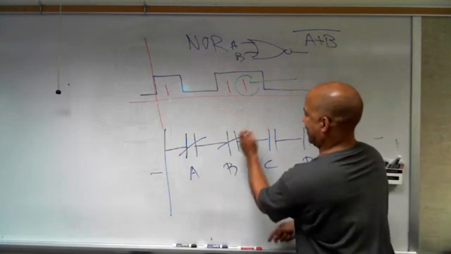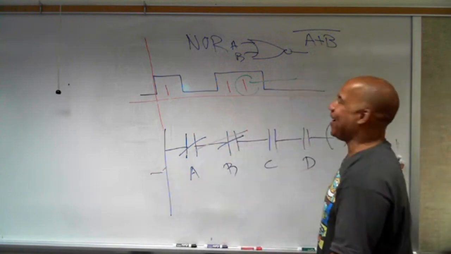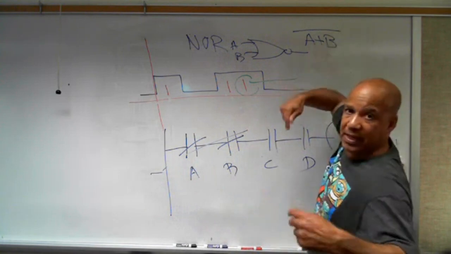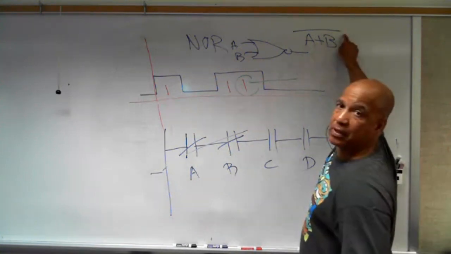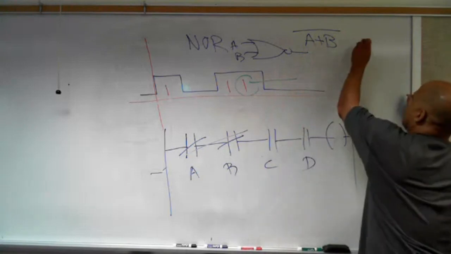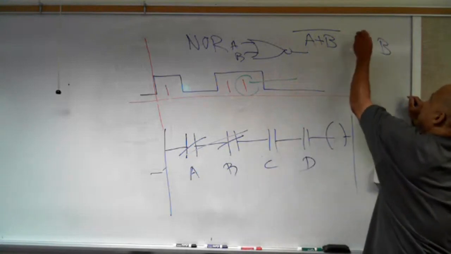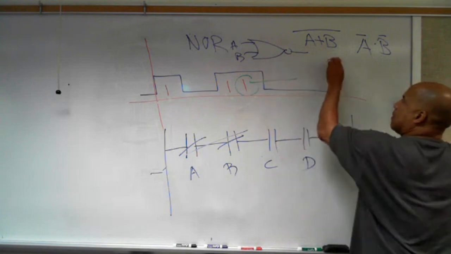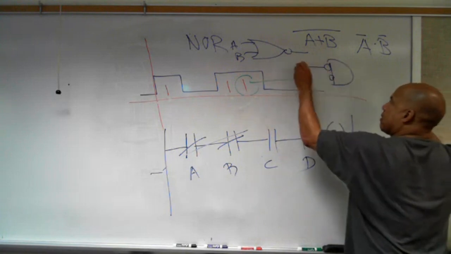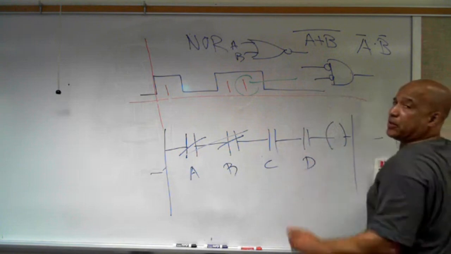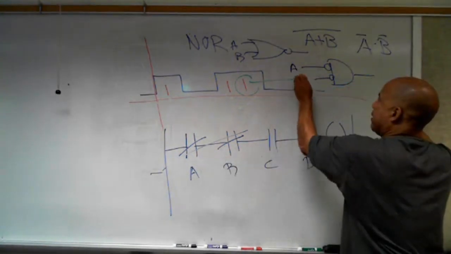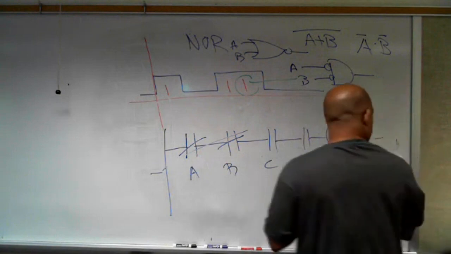I mean, I can't put a big NOT over it like that, right? So you really have to make this bar go to the inputs and not the output. So the only way to do that is to break the line, change the sign. And now instead of my bubble being here, my bubbles are here. And that I can put into a PLC because I can NOT each individual A and B. So that was the point of that.